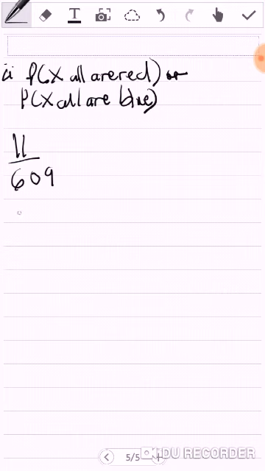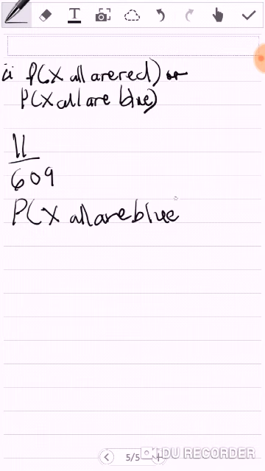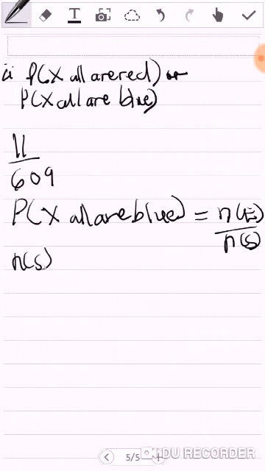So let's go to all blue. Probability that all are blue. So from here, still with the formula, we know our sample space will be 30 combination 4.